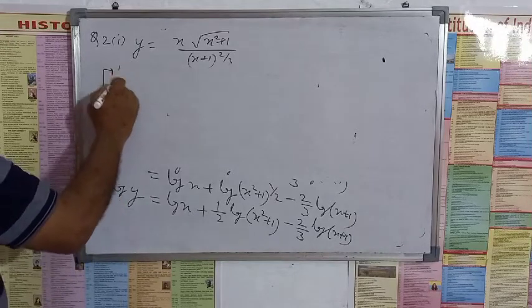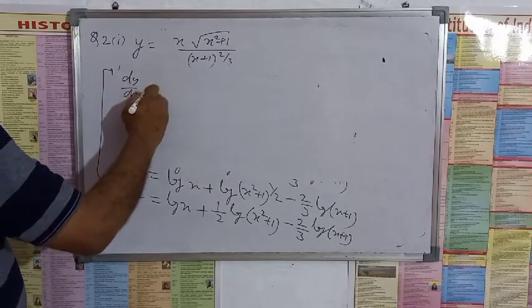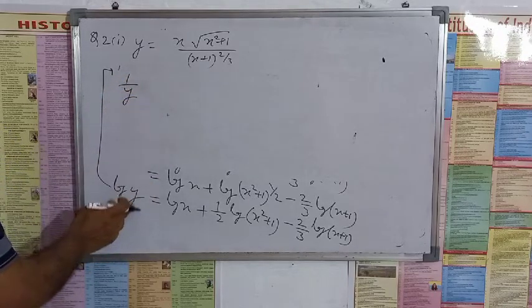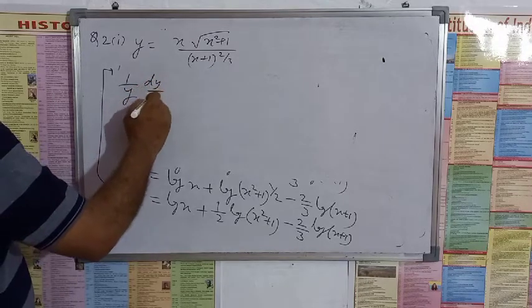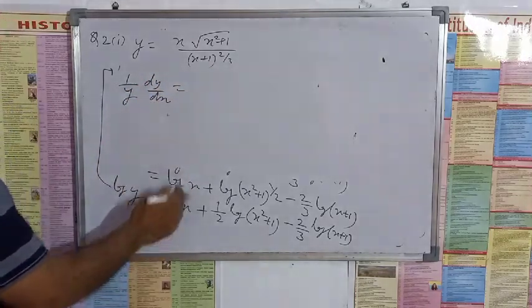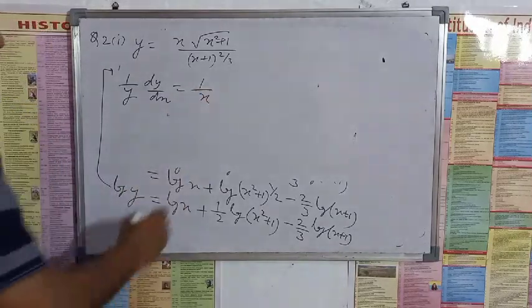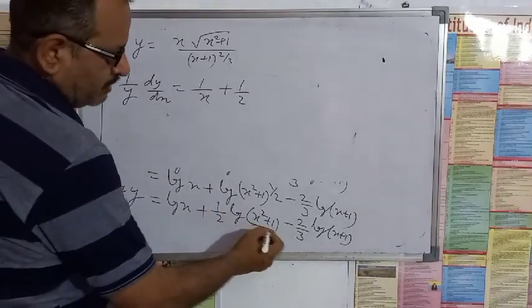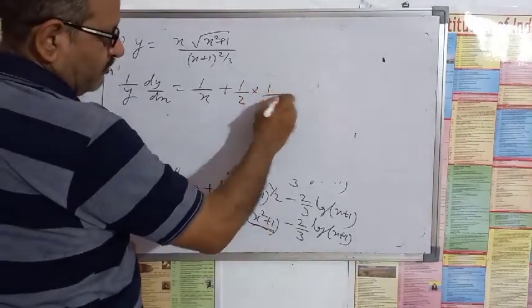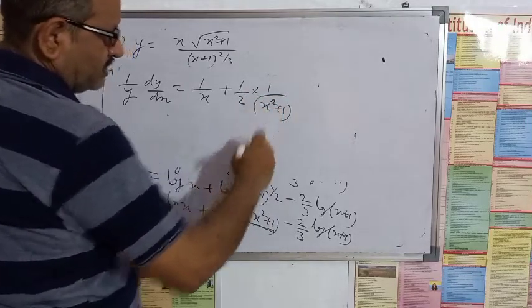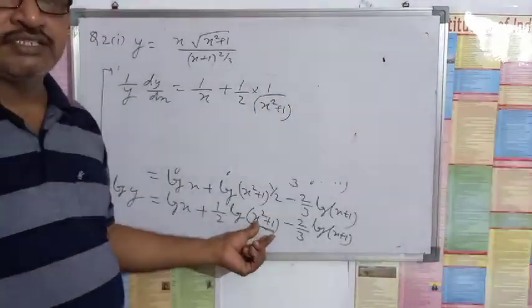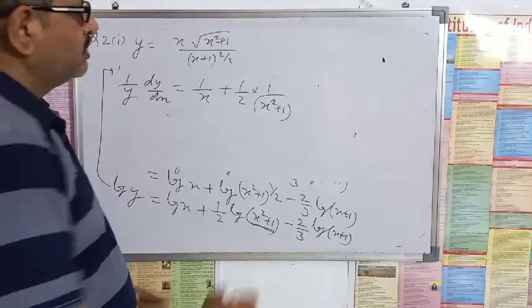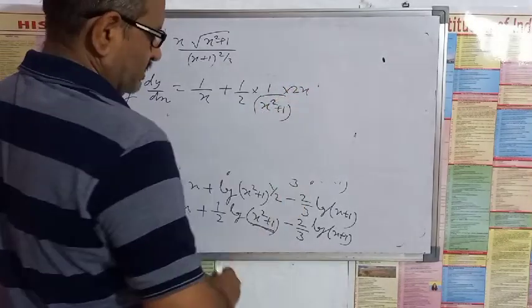See the derivative. Derivative of log y, log y derivative is 1 upon y, then differentiate y also, dy by dx. Log x derivative is 1 by x plus 1 by 2. What is the derivative of this? Log of x square plus 1 is 1 upon x square plus 1, and after that differentiate x square plus 1. So x square derivative is 2x and 1 derivative is 0. So it will be only 2x.